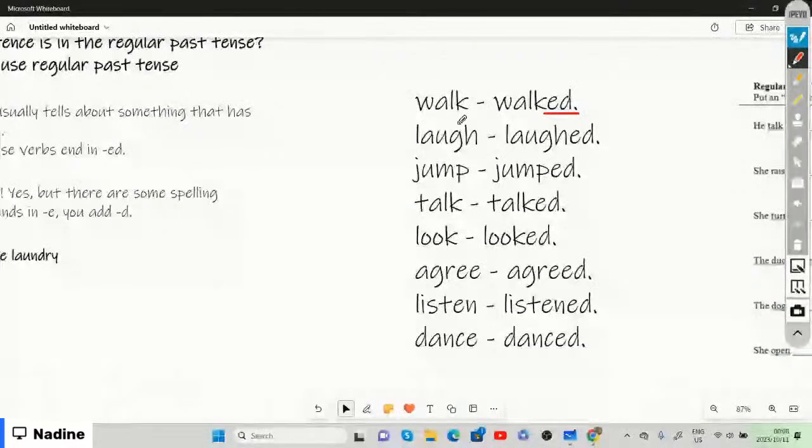All right. In the present, which is now, I laugh at her jokes. But we can say in the past tense, I laughed at her jokes, for example. And there we have laughed.